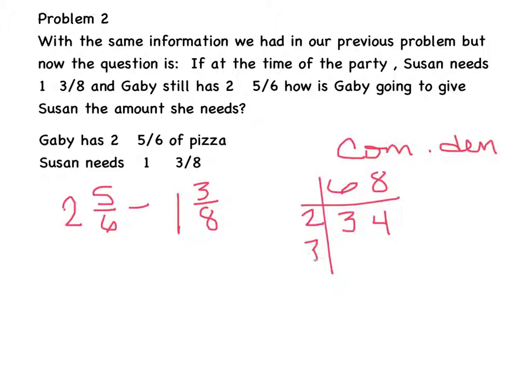Then we get down the 3 and we say 3 into 3, 1. And this one doesn't have a 3. But then we're going to put a 4 and we say 4 into 4, 1. We multiply these and we get 24.